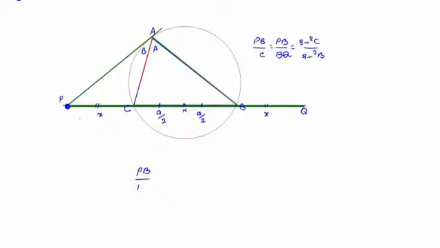So let's erase this part. Why is it equal to sine squared C over sine squared B? So here we don't need these midpoints. We can erase these. So here we should prove that PB over PC equals sine squared C over sine squared B.